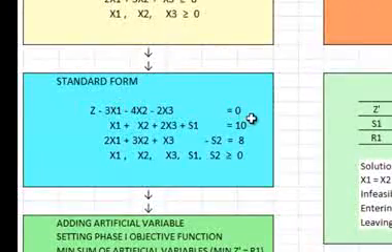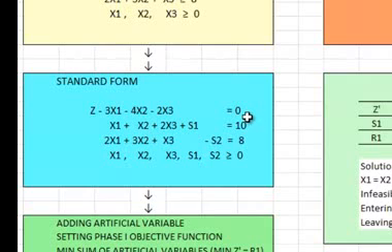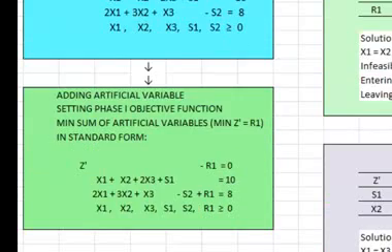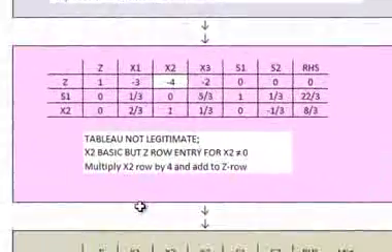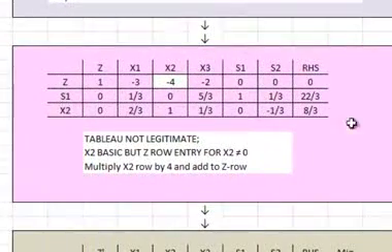So we are going to add this into the new tableau. Z minus 3x1 minus 4x2 minus 2x3 equals 0. And that is what we have in here. Minus 3, minus 4, minus 2 and 0.